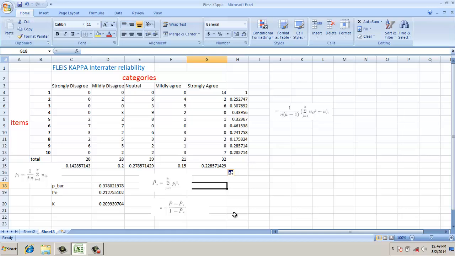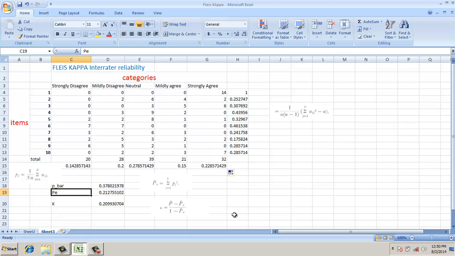To calculate P bar, I average the proportions of agreement from item 1, that is this, to here. That's the calculated P bar. PE bar is used to calculate, if someone is randomly assigning the scores to these items, how these items would reflect.